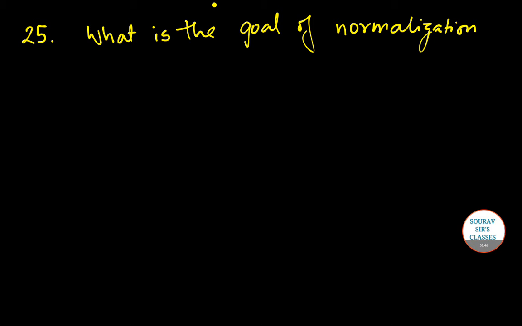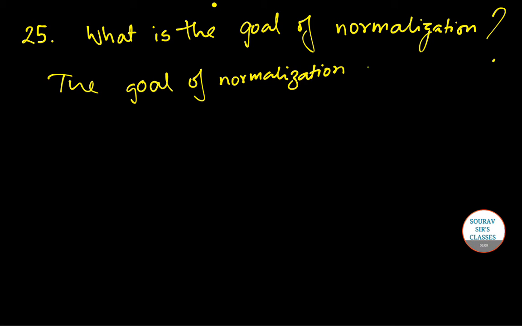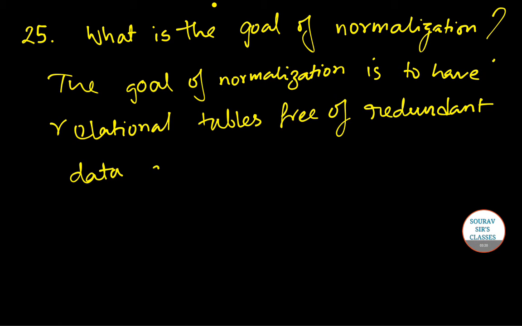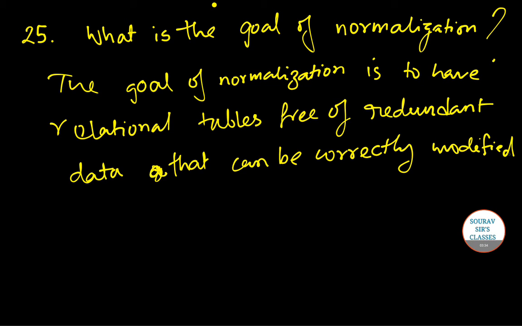So next we have question number 25. What is the goal of normalization? So the goal of normalization is to have relational tables free of redundant data that can be correctly modified with consistency.